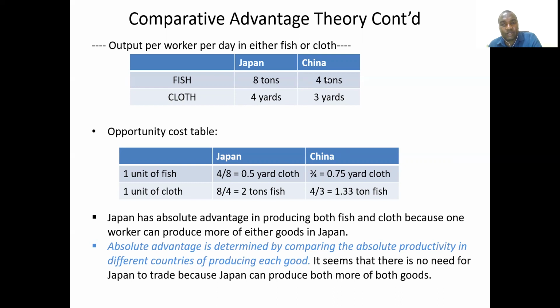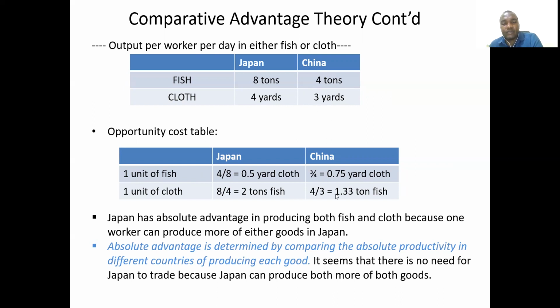And then the same method is followed for calculating the opportunity cost ratios for China. For 1 unit of fish, we simply take the 3 yards of cloth and divide by 4 tons of fish. So it will be 3 over 4, which is 3/4 of a yard of cloth. That's the opportunity cost of 1 ton of fish in China.